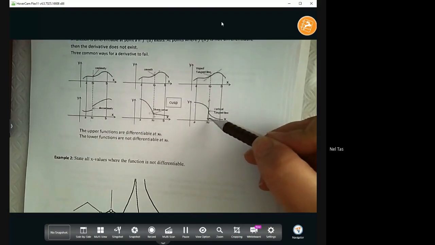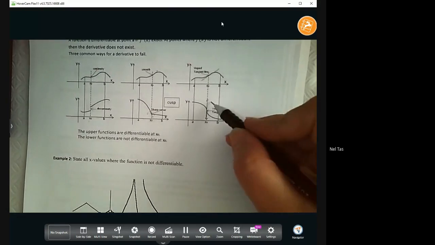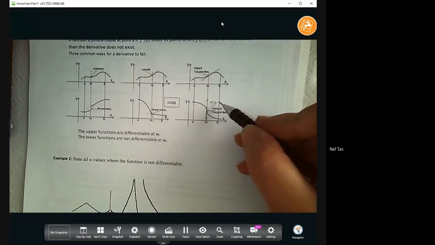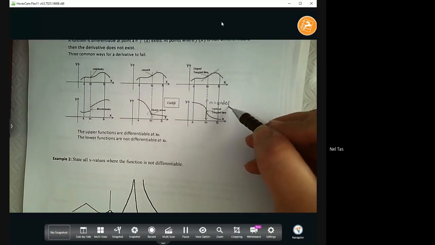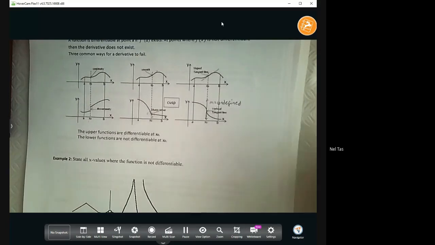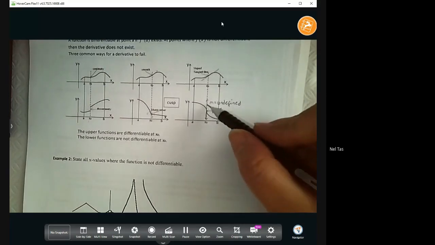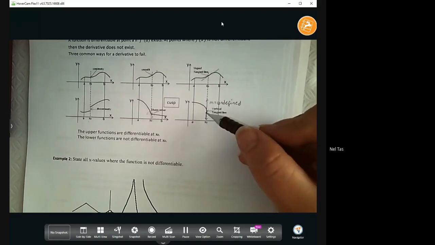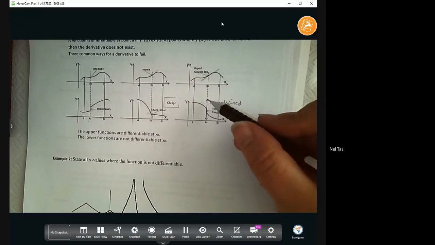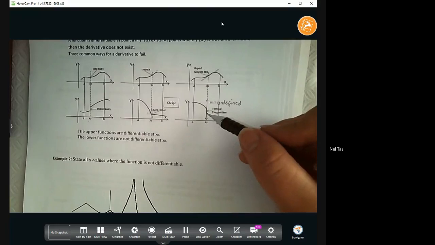The slope of a vertical line is undefined, right? So it doesn't have a certain slope. So the slope of the tangent is undefined. Therefore, the function is not differentiable at x0.